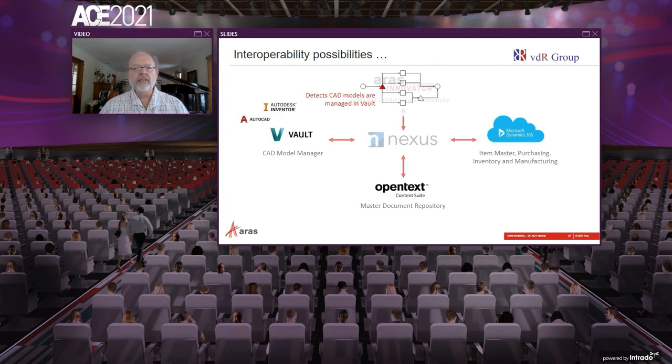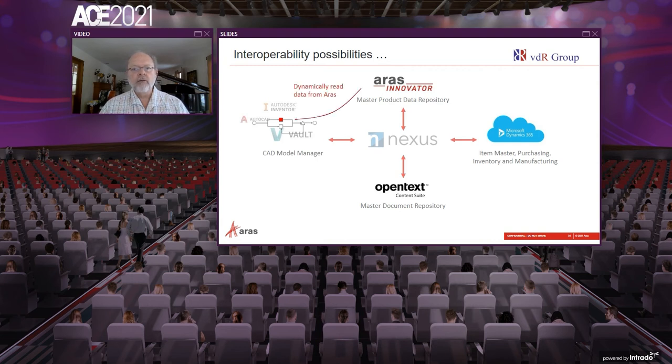And during this process, it's recognized that a CAD model is maintained in Vault. So that then activates a trigger to Vault to start its change process. Vault, and by the way, this is what we call our event trigger use case. Vault then gets initiated with its change process to change the part and documents as needed.